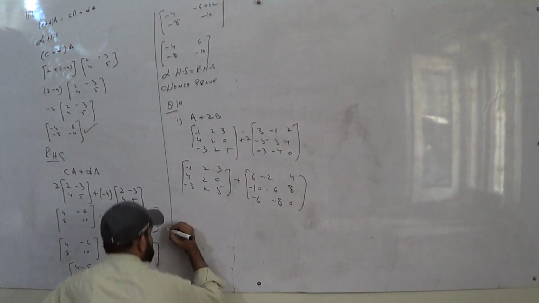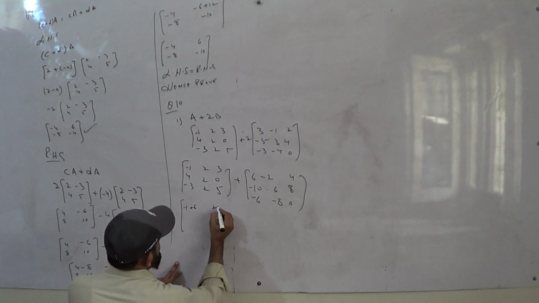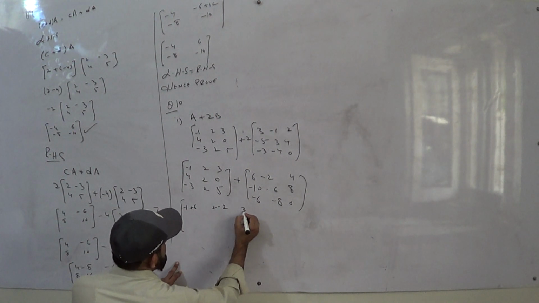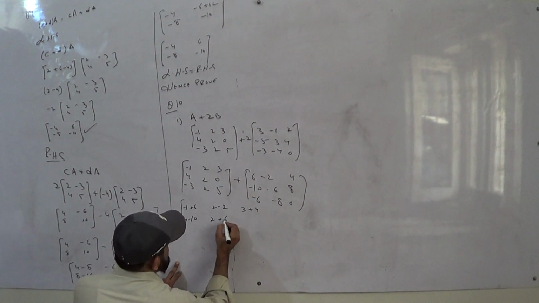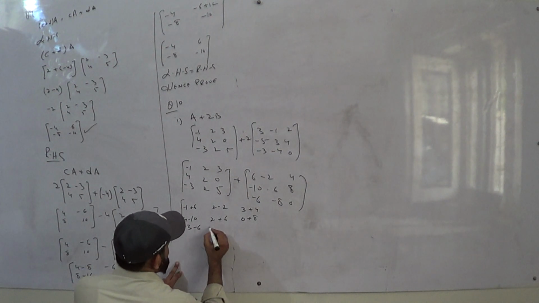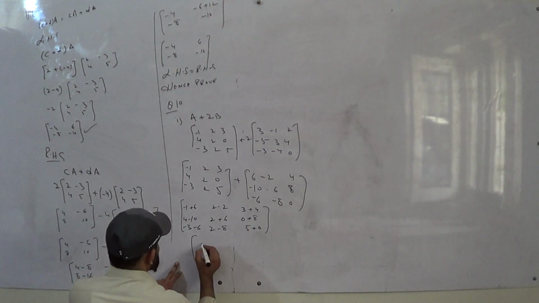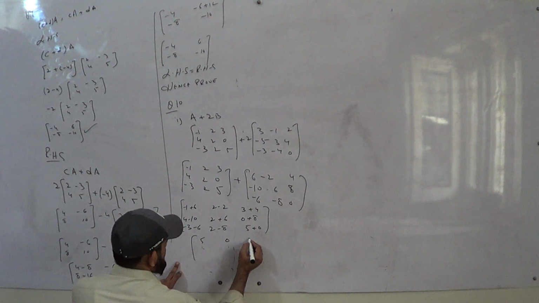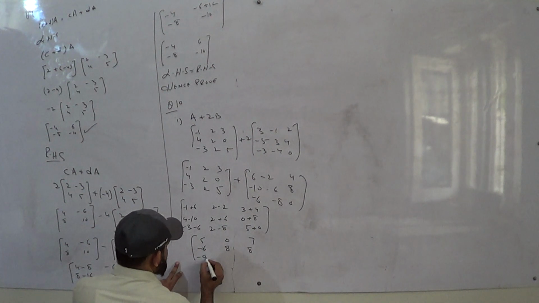Now add them. Minus 1 plus 6, 2 minus 2, 3 plus 4, 4 minus 10, 2 plus 6, 0 plus 8, minus 3 minus 6, 2 minus 8, 5 plus 0. We get [5 0 7; -6 8 8; -9 -6 5].